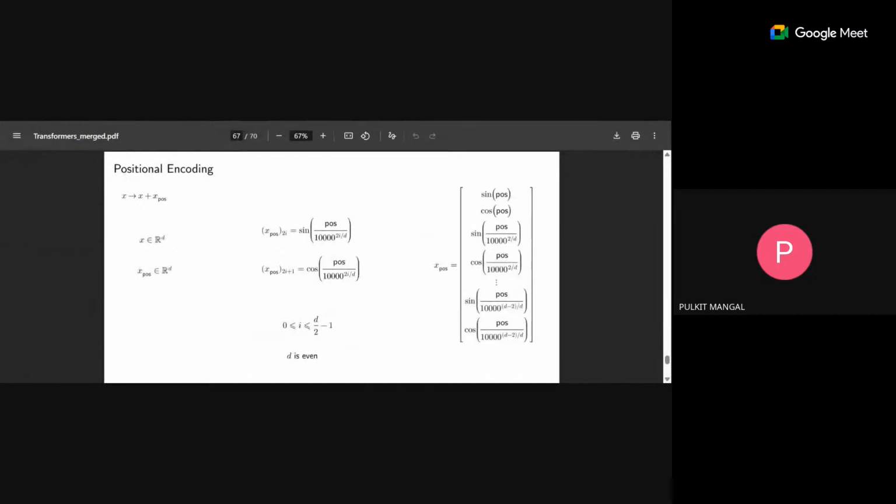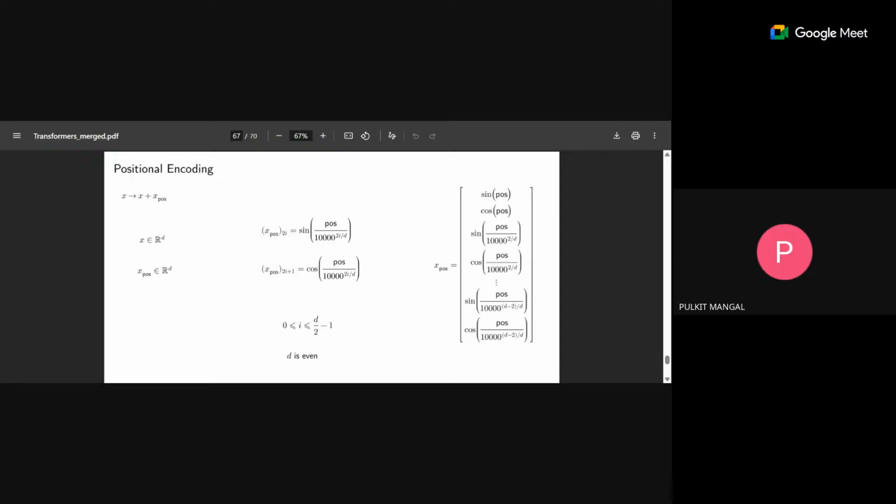For the even position, x at the 2i-th place is sine of position divided by 10000 to the power 2i by d. For the odd position, it is cos of position divided by 10000 to the power 2i by d. So whichever x position value you want, x1 will come, then 1 by that, and 2 by that. The x position vector will look something like this.